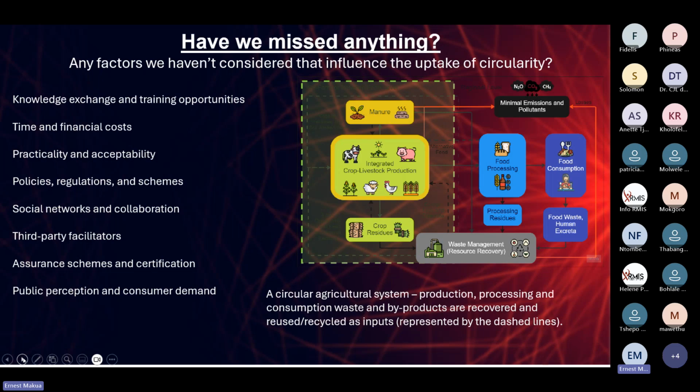Do the barriers have to do with the cost of the implements? Do the barriers have to do with the training, knowledge, or skill of the farmers? Does the barrier have to do with public perception or consumer demand? So all those pillars or elements need to be addressed.